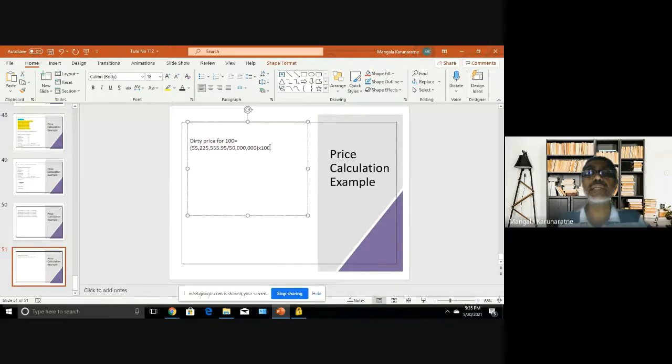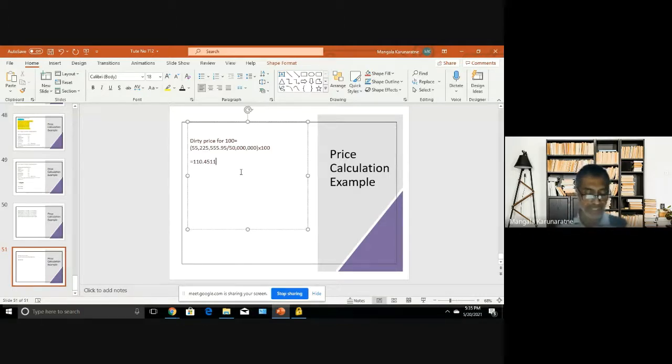So you get 110.4511. This is the dirty price of that bond.